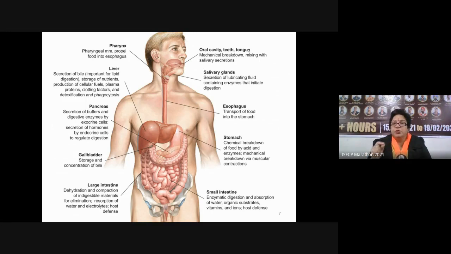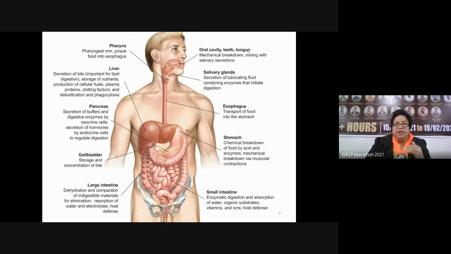Just imagine, even on imagining that it is lunch time or you have to take food, the saliva starts doing its work, and the moment the food enters your mouth, the saliva secretion starts and it mixes with the food. The teeth do the mechanical breakdown, cutting the food into small parts. And the saliva starts mixing with the food particles.